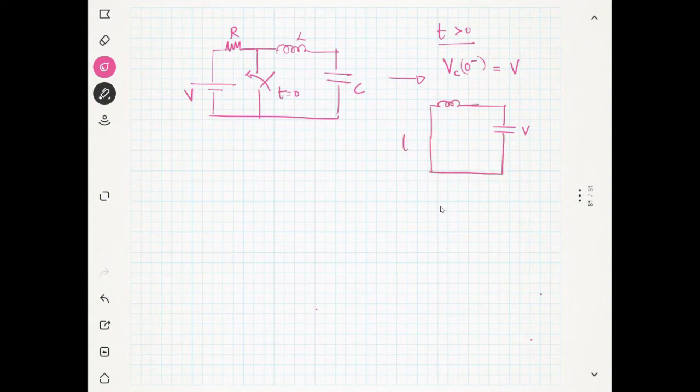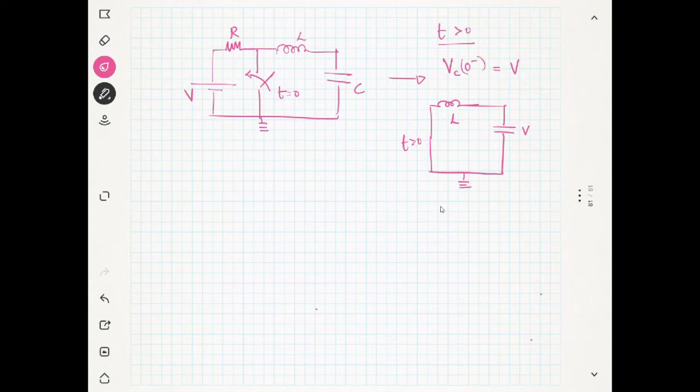And at t greater than 0, this is going to the ground. Now at t greater than 0, you mean at t equal to 0 plus? t greater than 0 means above 0. That means 0 plus and any value greater than 0. Okay.